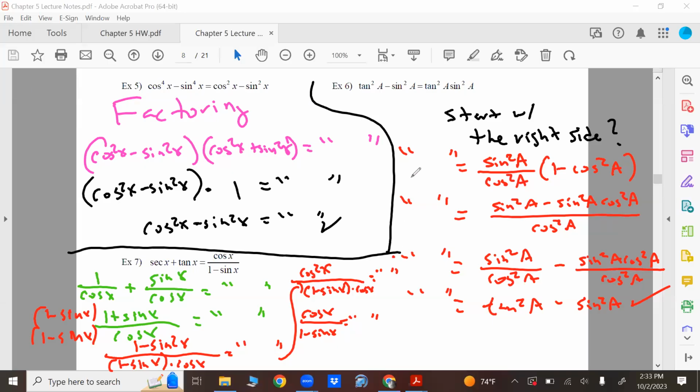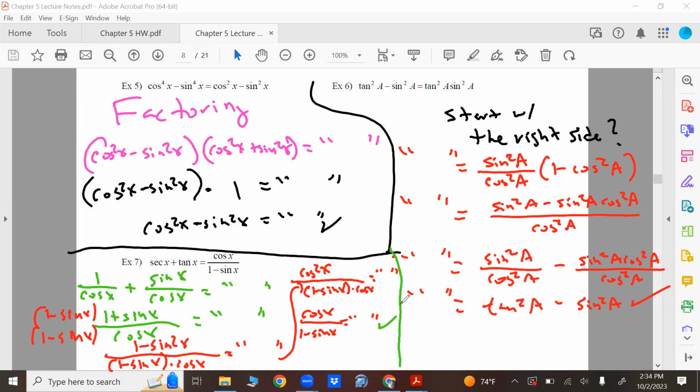Oh, one of these becomes sine squared. Because one... yeah, I got it. Did you also square the cosine on the bottom? Yeah.